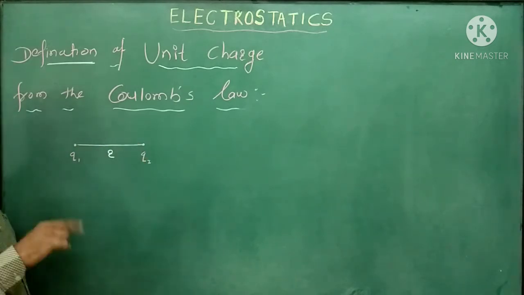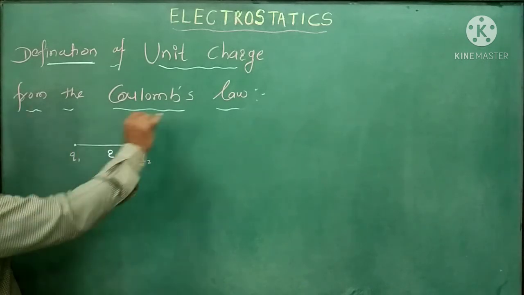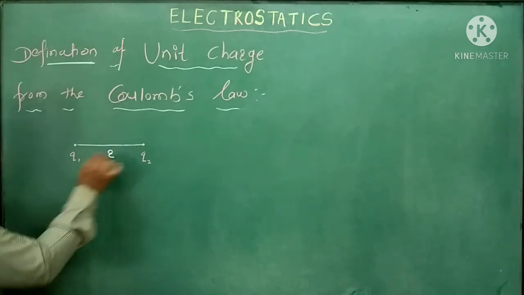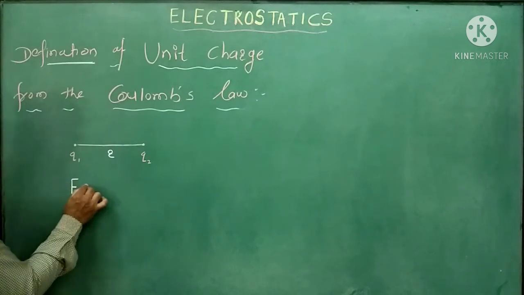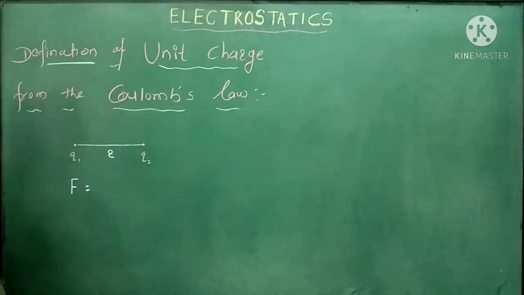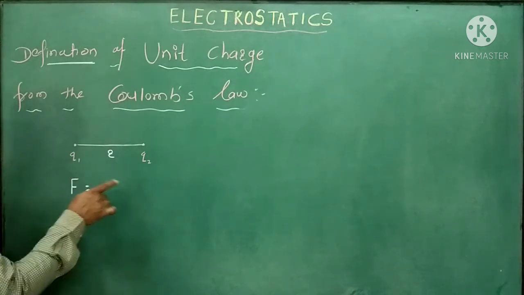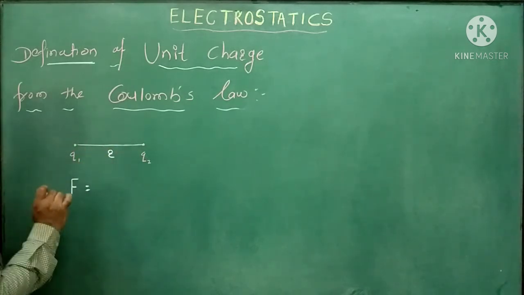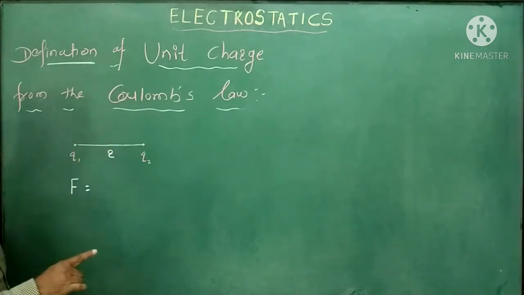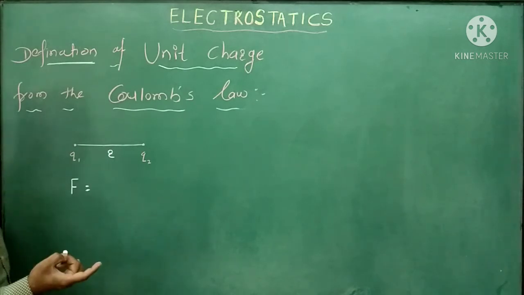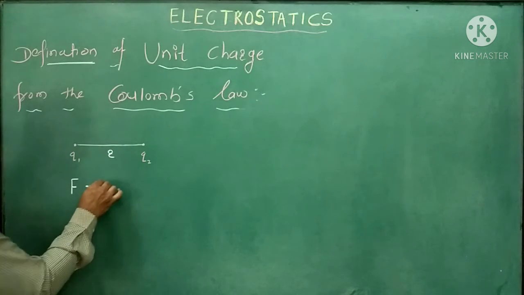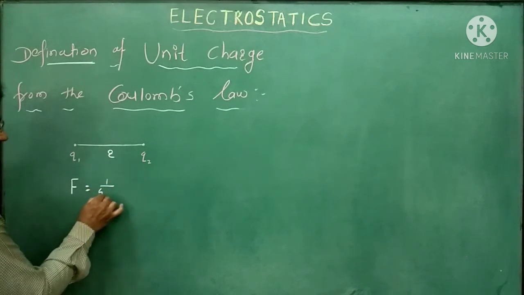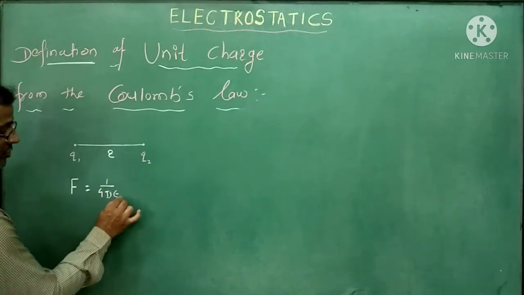Then as per Coulomb's law, we get the force F between these two electrical charges. If both charges are placed inside vacuum, air medium or free space, then this force is written as 1 upon 4 pi epsilon 0.